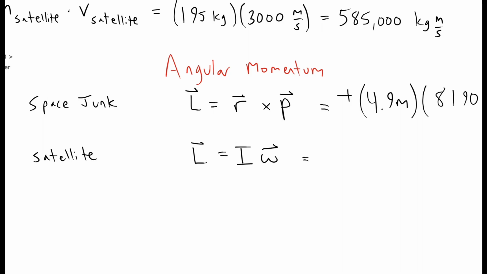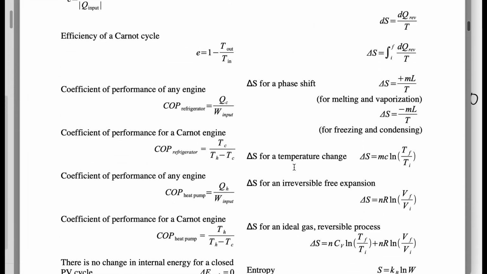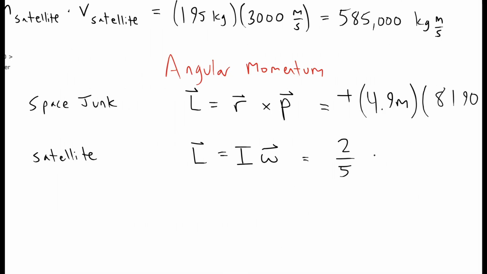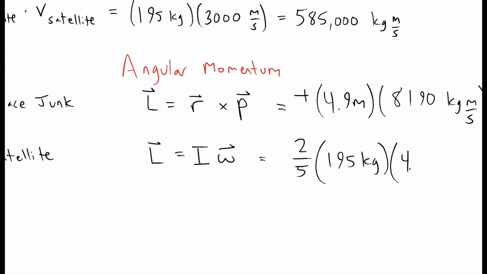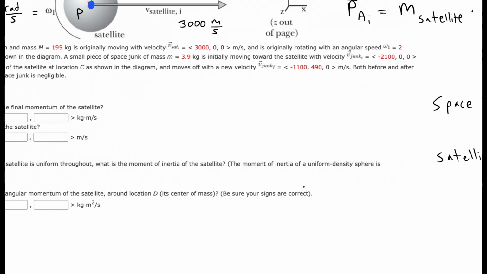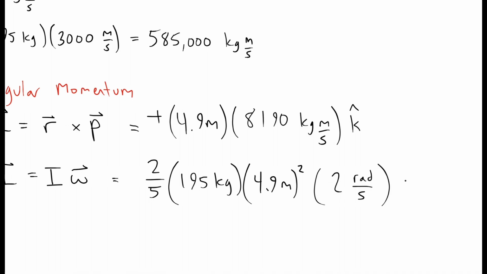So a sphere from the formula sheets has a moment of inertia formula of 2/5 mr squared here. Solid sphere rotating about center. So let's use that. His mass was 195. His R was 4.9. And then his rotation was 2 radians per second.